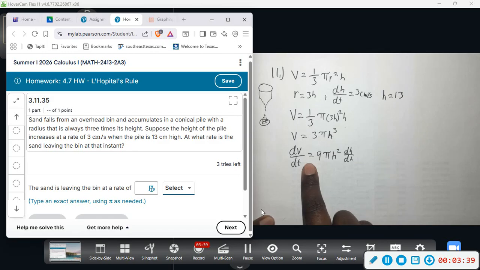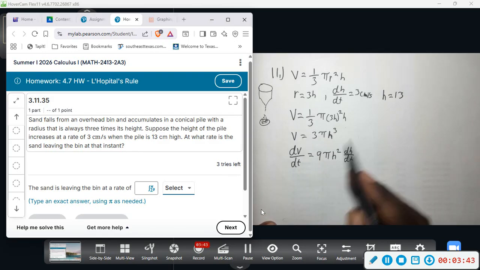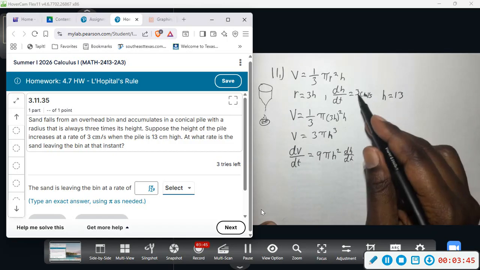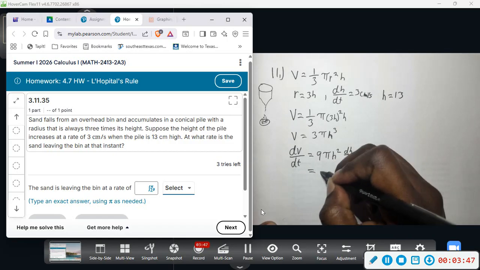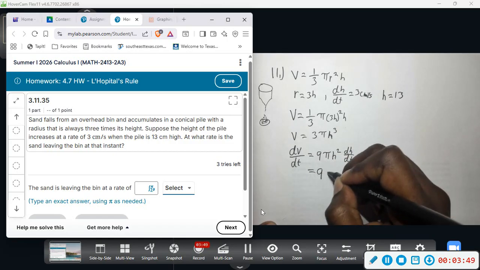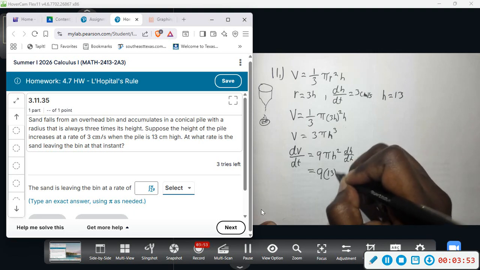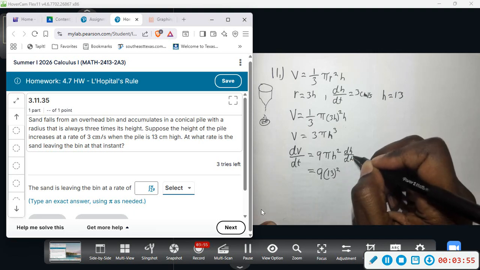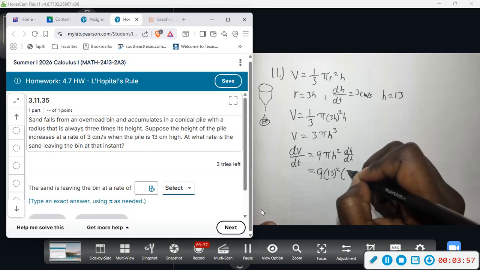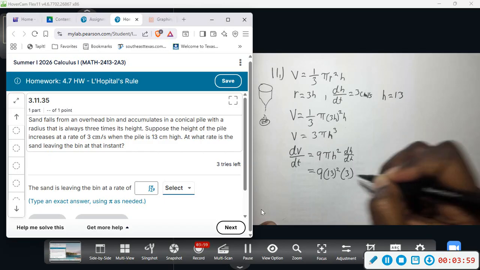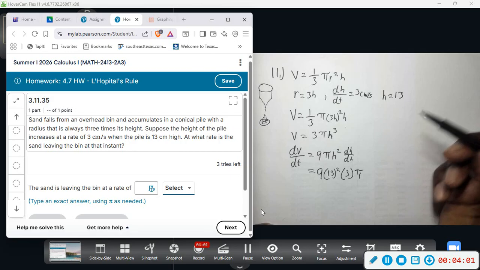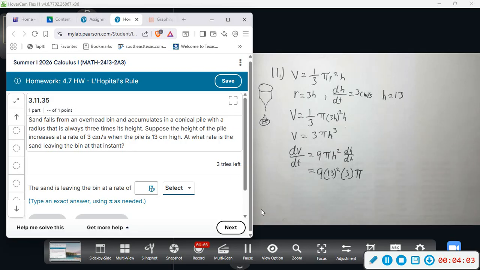Now from this point, all we need to do is plug in the given information. h is 13, dh/dt is 3. So 9 times 13 squared times 3, and then pi.